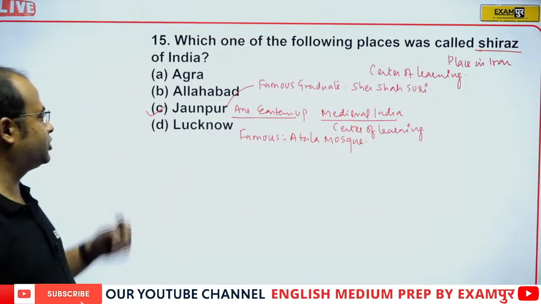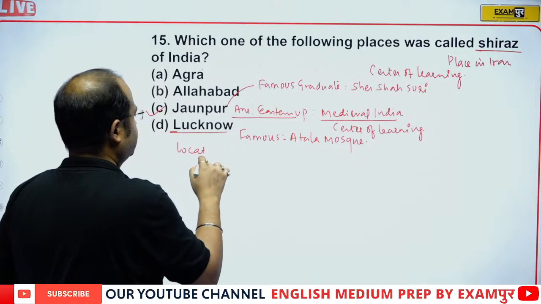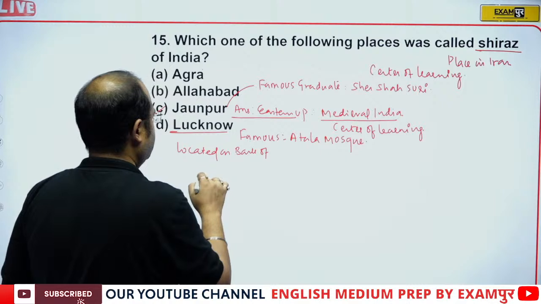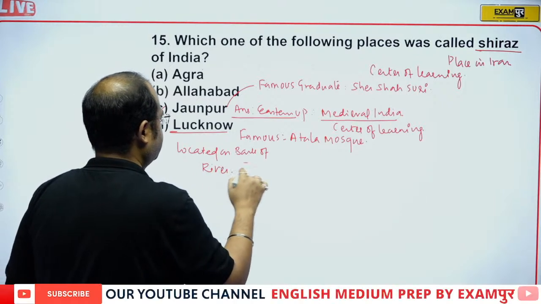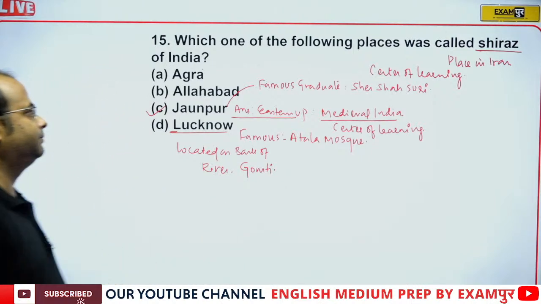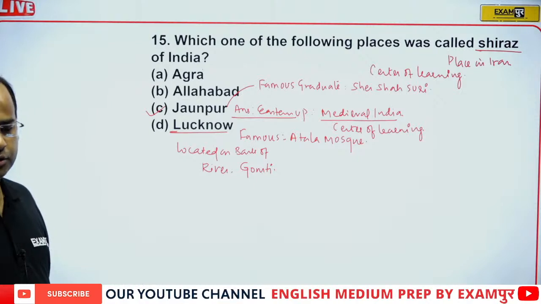And sometimes the question is asked: Lucknow is located on the bank of which river? The river Gomti.